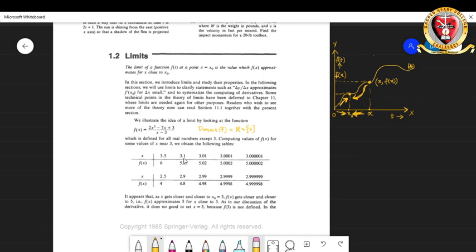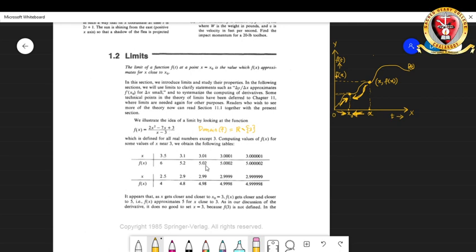In the next step, we are going to consider 3.1, which is also close to 3. So 2 into 3.1 squared minus 7 into 3.1 plus 3, divided by 3.1 minus 3. When you use your calculator, you can see that it is 5.2. The next one is 2 into 3.01 squared minus 7 into 3.01 plus 3, divided by 3.01 minus 3.